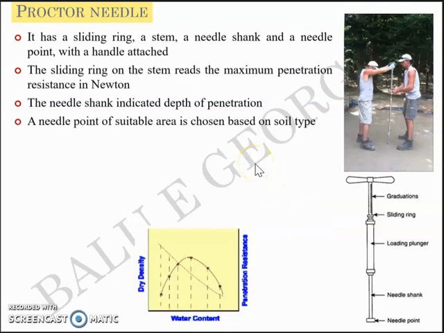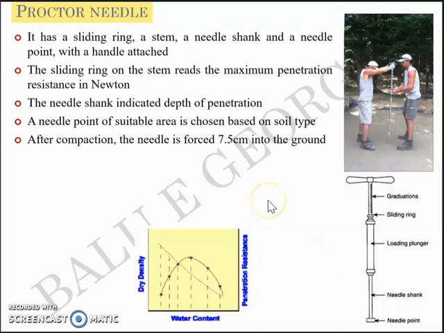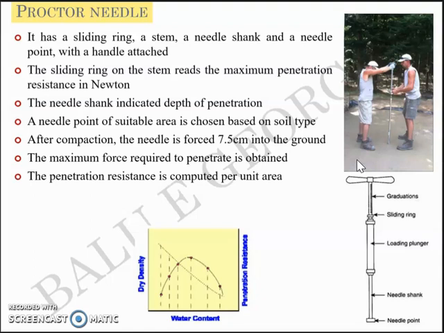A needle point of suitable area or diameter is chosen based on the soil type, whether it's sand, whether it's clay, etc. And after compaction of the embankment or the site in the field, the needle is forced 7.5 centimeters into the ground. As you can see from this picture, this is a process of jacking it down. The maximum force required to penetrate is obtained, and the penetration resistance is computed per unit area.